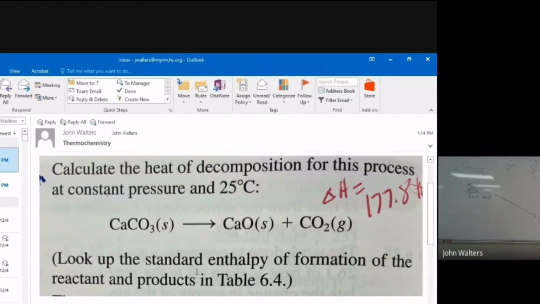So you need to look up the enthalpies of formation of this and of this, times 1, times 1. Then that's your products. Then you're going to subtract the enthalpy of formation of the reactant here, times 1. And it should be easy enough. We'll see if that's the correct answer or not.